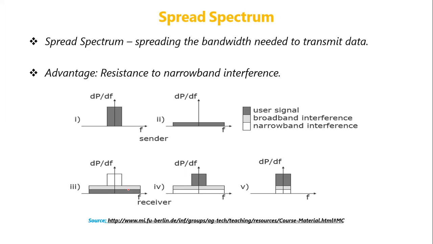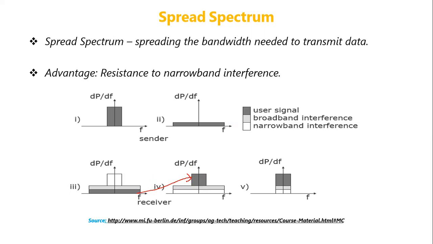So what will the receiver do after receiving? The receiver will extract the data, which is in the user signal. The user signal is spread, so the receiver will convert the spread user signal to a narrowband signal again, something like this.